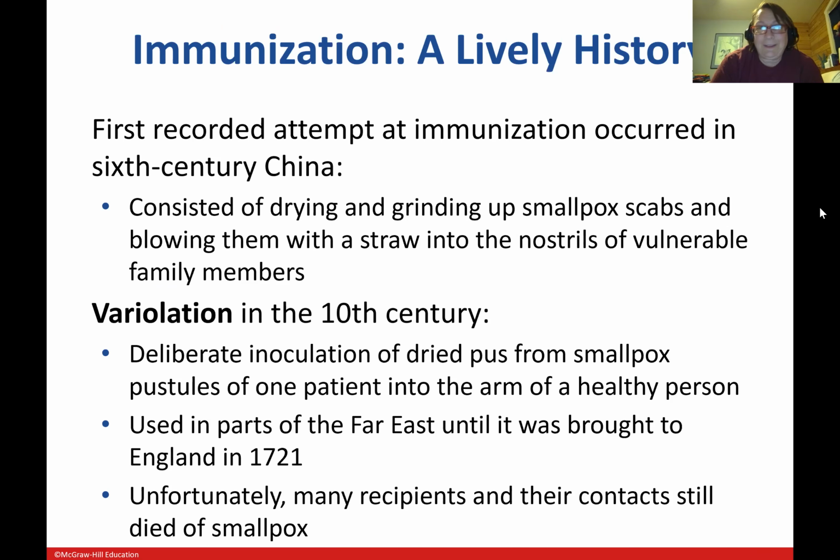The bad news is that it didn't work very well, because many of the recipients still died of smallpox. Now, I guess if the people all around you in your family are dropping dead from smallpox and it's very likely that you're going to die, maybe it's worth the risk. But wow, what a horrible, horrible idea.